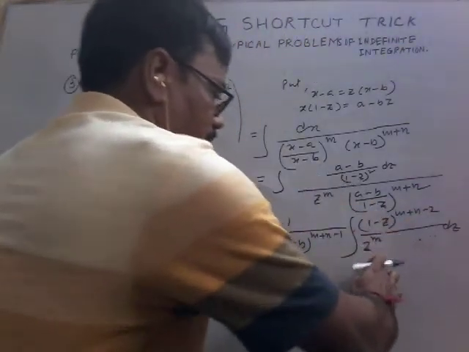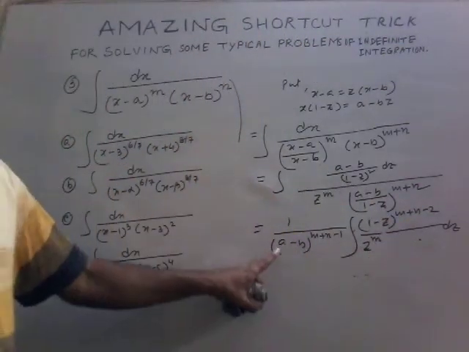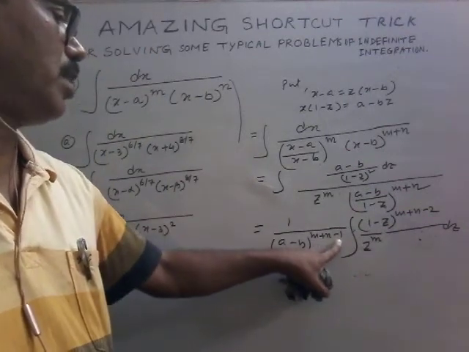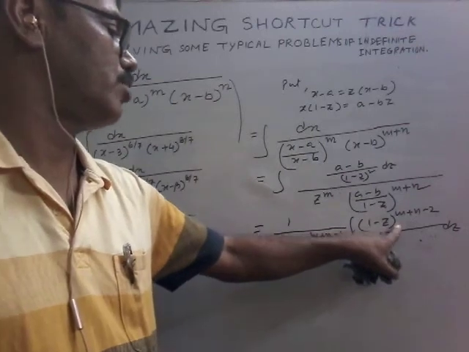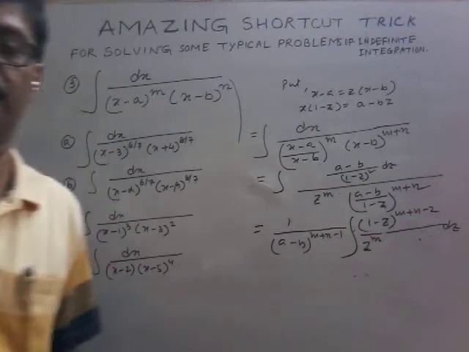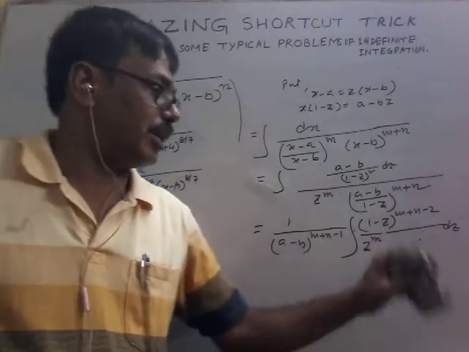So this is our general method: 1 by (a minus b) whole to the power m plus n minus 1, integral of (1 minus z) to the power m plus n minus 2 by z to the power m. So this is the general method.